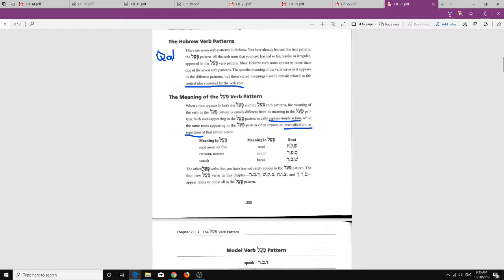So other Piel verbs that you have learned rarely appear in the Piel. And then we've also been given 4 new Piel verbs in this chapter. So you can see those right here. We have dalet beit resh, beit kof shin, tzade vav he, and beit resh kaf. Now these 4 rarely will appear in the pa'al pattern.